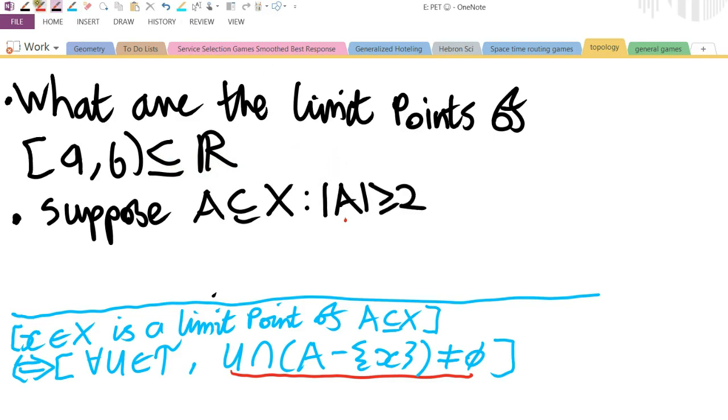In general, I use this kind of notation here, which means the number of elements in A. So we've got this subset with at least 2 elements.